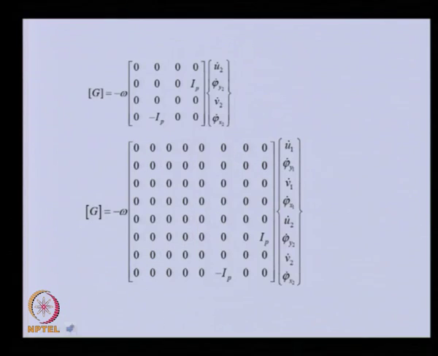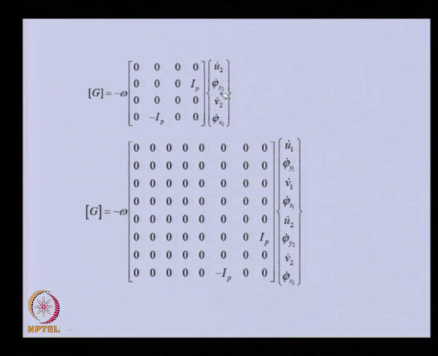So let us see that particular gyroscopic matrix in our finite element field variable stacking. In place of x we are using u, in place of y we are using v. So you can see that the previous equation of the gyroscopic matrix will take this form. The change takes place because of the change of the order of these variables.